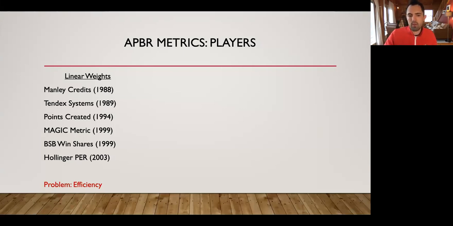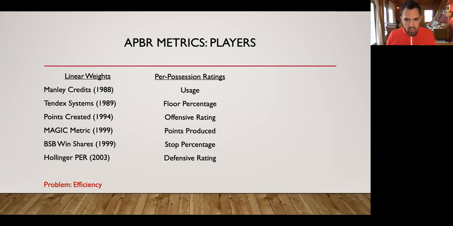In an attempt to solve this problem, people asked, what if we do some basic math to these box score stats and adjust them to per possession ratings instead of per game ratings? This was the introduction of a lot of things we still use today, like O rating, D rating, usage. These are efficiency metrics on a per possession level. That was pretty good, a good step.